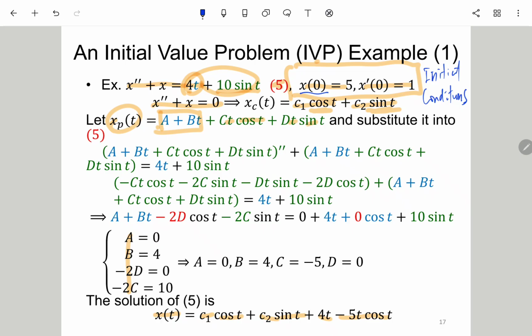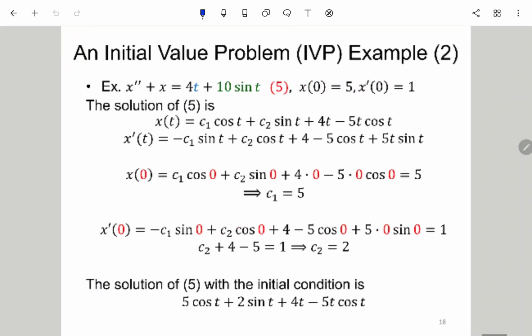With these two initial conditions, we will be able to determine C1 and C2 uniquely. Very simple: you plug t equals 0 into this expression, and you find one equation. Then you take the derivative of this one, you get this, and you also plug in 0 there, and you get another equation.